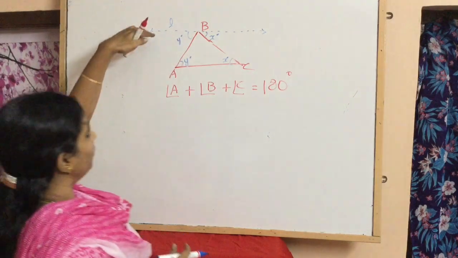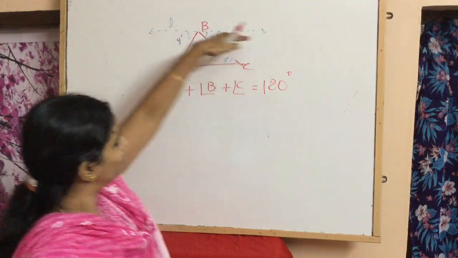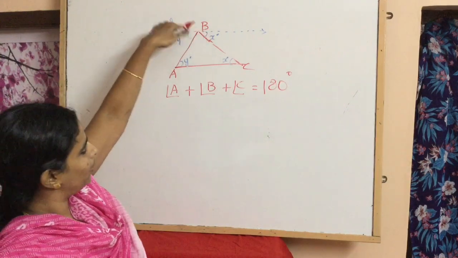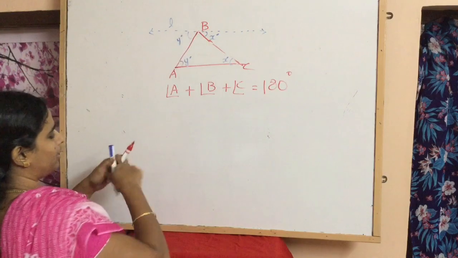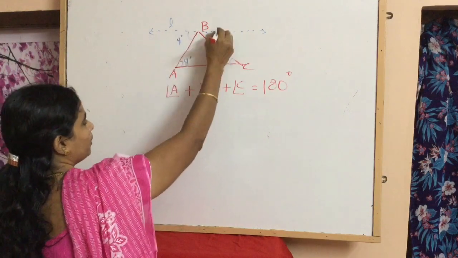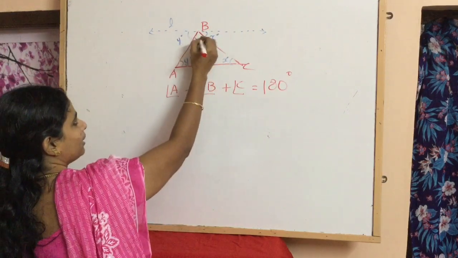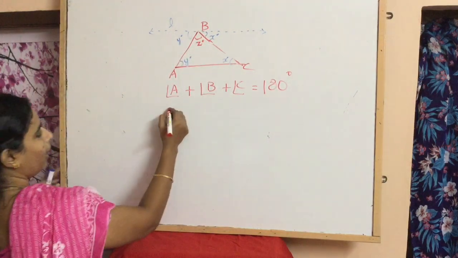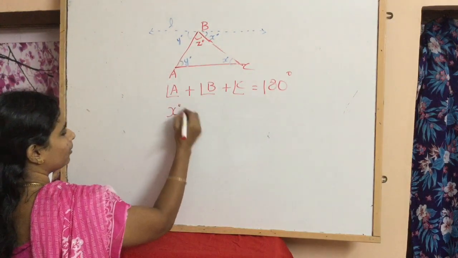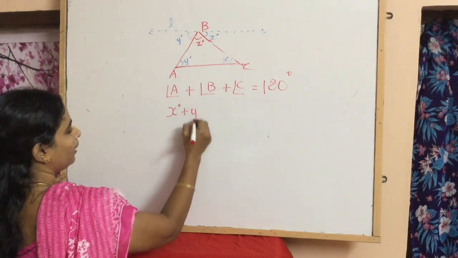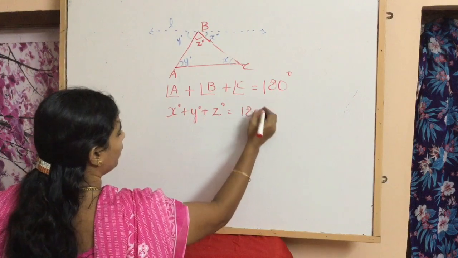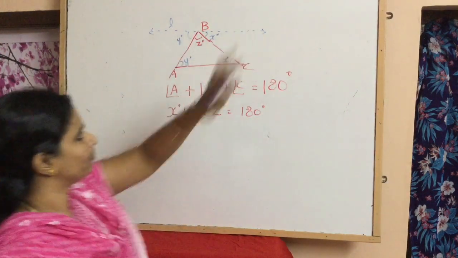Now, we know that for a straight line, the sum of these three angles is 180 degrees. This whole angle is 180 degrees, right? Let's mark this angle as Z. So, according to this, X plus Y plus Z is equal to 180 degrees when you consider this line.